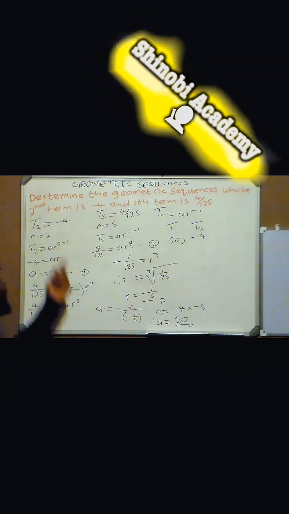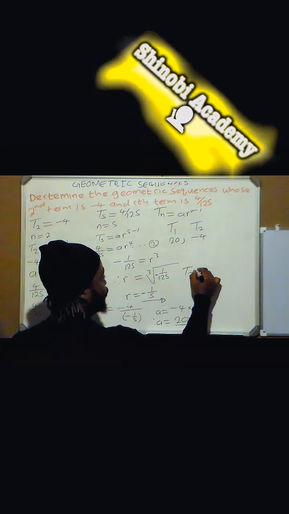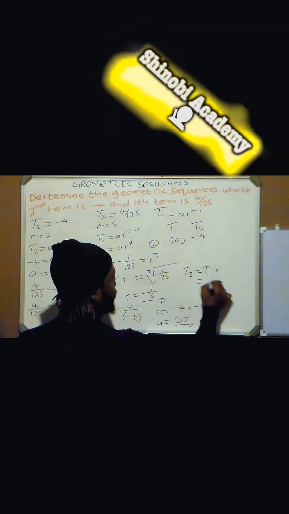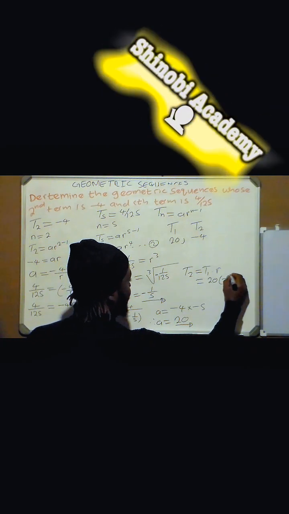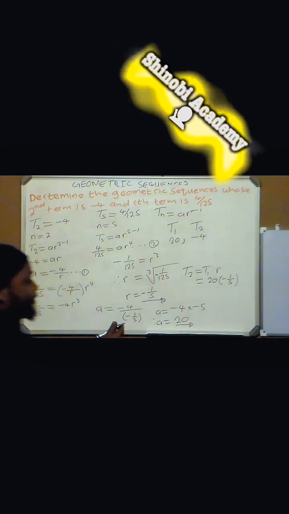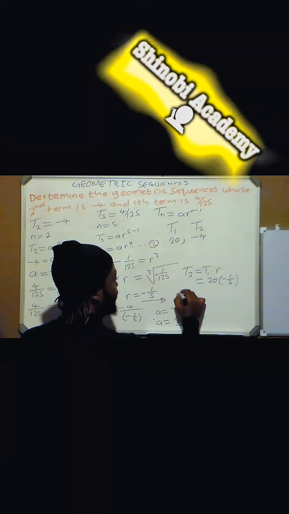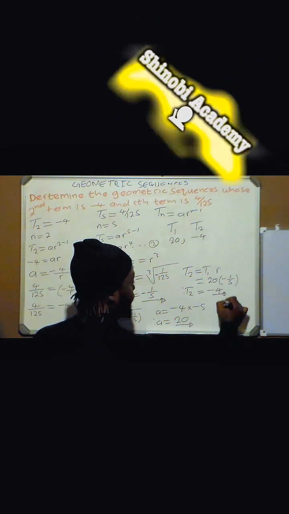But if you wanted to find it yourself, you know that to find term 2, it should be term 1 multiplied by your common ratio. Term 1 is 20 multiplied by negative 1 over 5. Remember that your common ratio is negative 1 over 5. Therefore, your T2 would be negative 4.